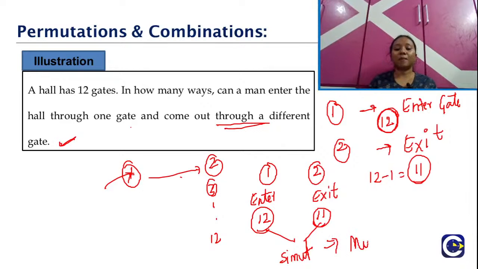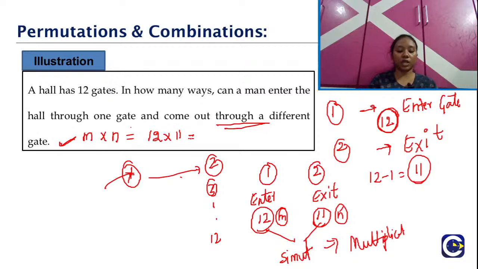Nothing but the multiplication principle. Here this is m number of outcomes and this is n number of outcomes. According to our multiplication principle, the total possible number of outcomes is m cross n, which means 12 cross 11.